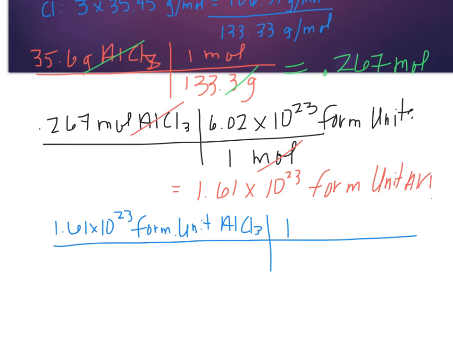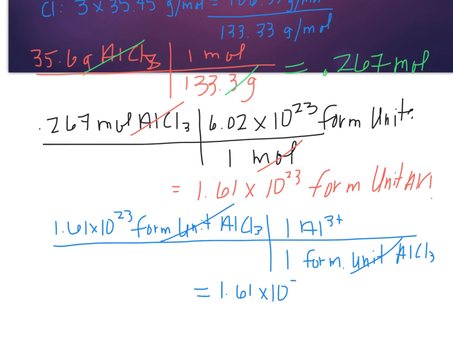We have one aluminum ion for every one formula unit of AlCl3. So my formula units are going to cancel, and I'm left with an aluminum ion, so I have 1.61 times 10 to the 23rd Al3 plus, or aluminum ions. Okay, so this is our aluminum ions.